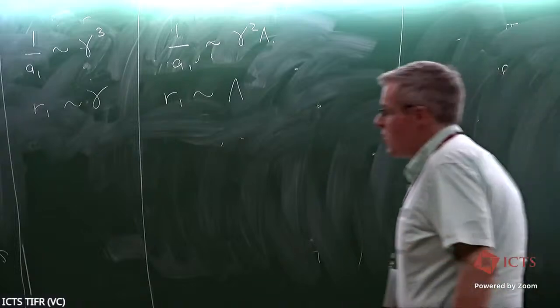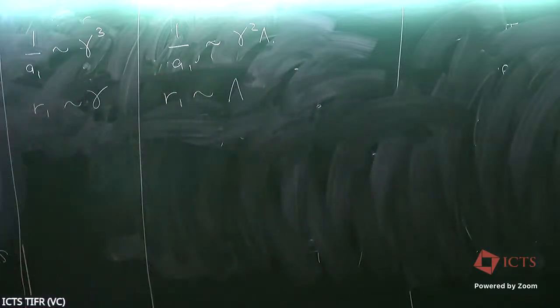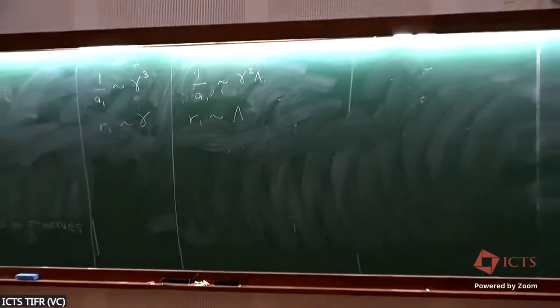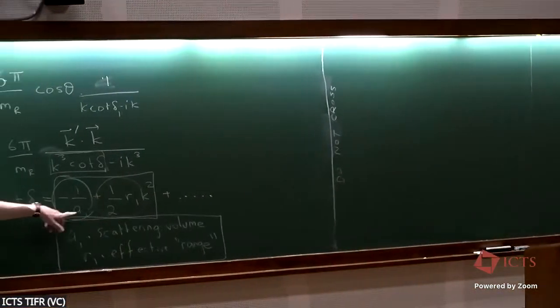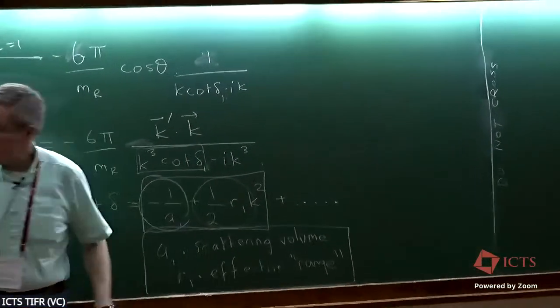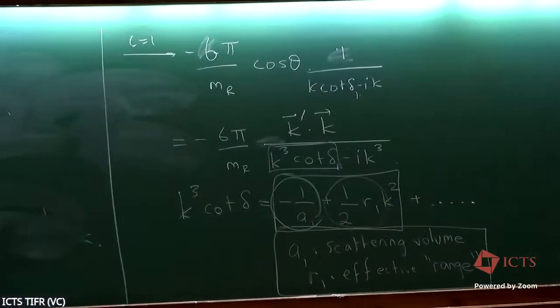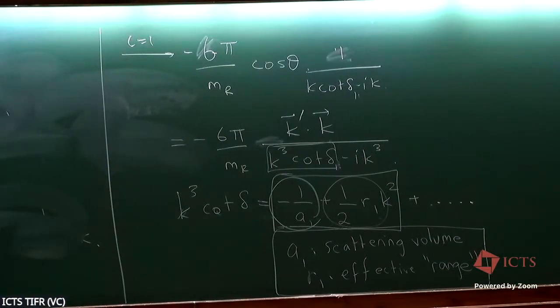So even if the signs don't work out, I can always find either a resonance or a bound state such that these 2 terms cancel, as long as 1 over A1 has this size. Because as long as, for the moment, I don't think about the third term, this thing is going to have a 0 somewhere.